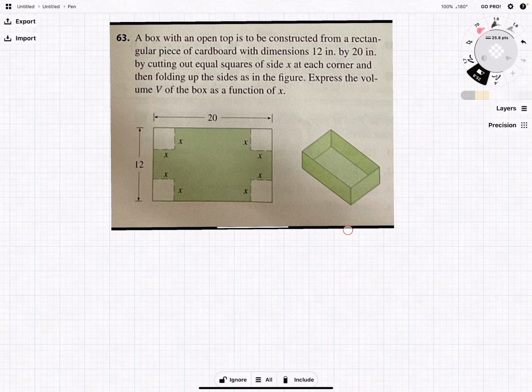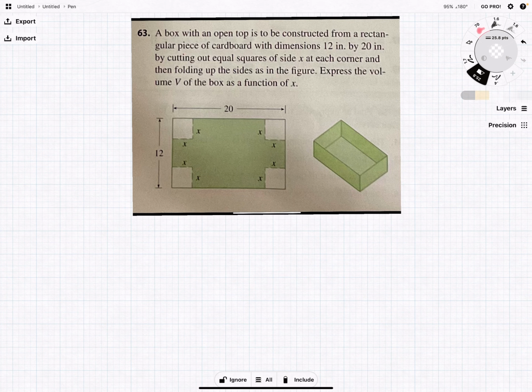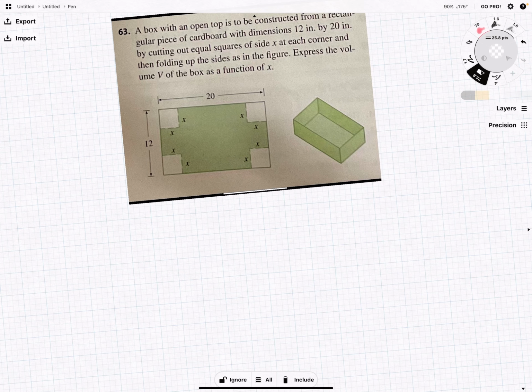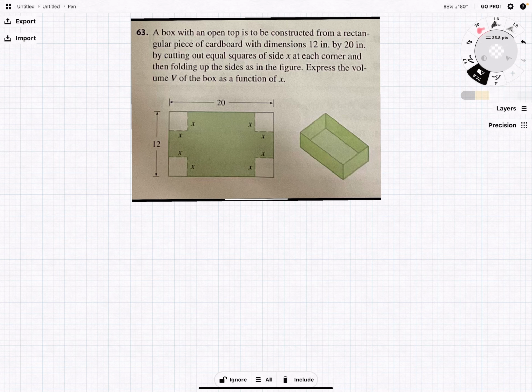So let's start with just a standard volume function. Volume is equal to length times width times height.